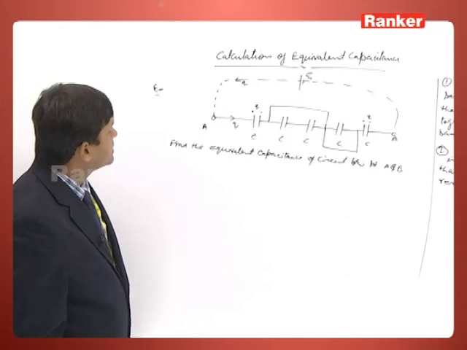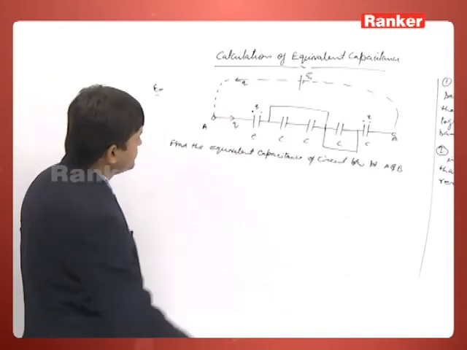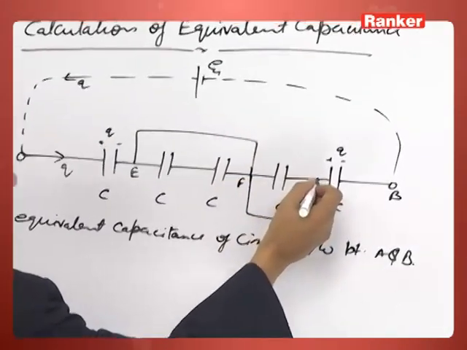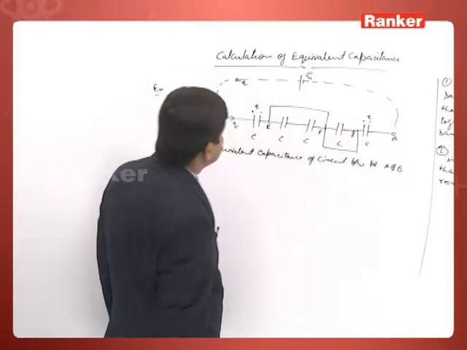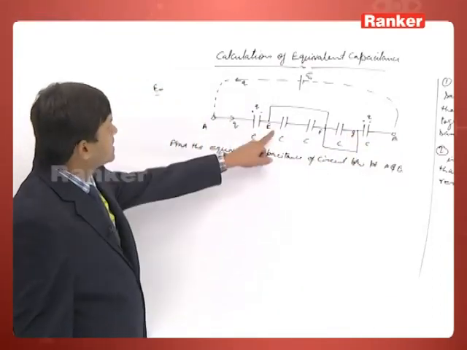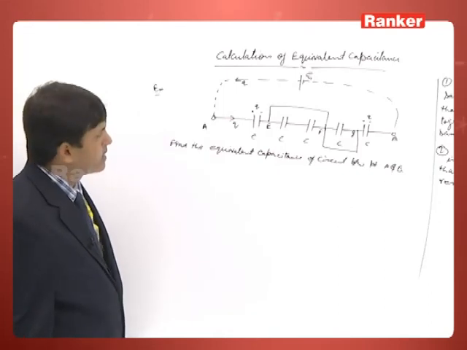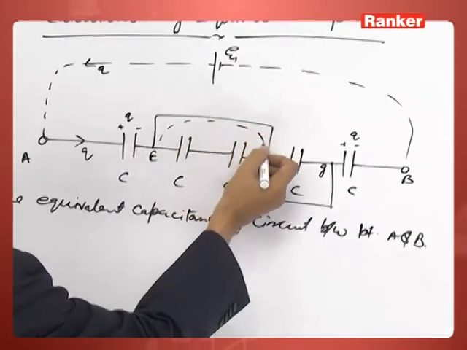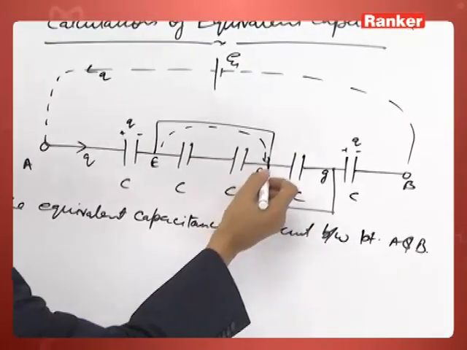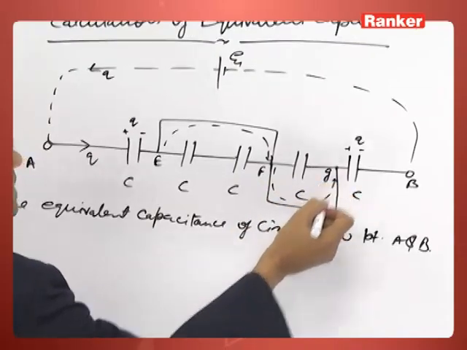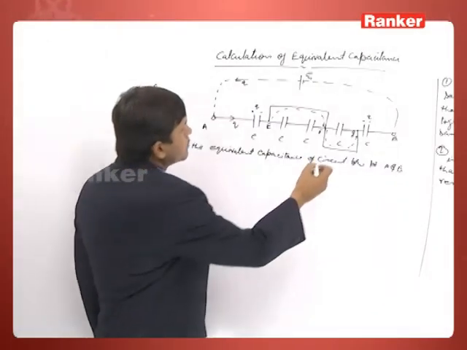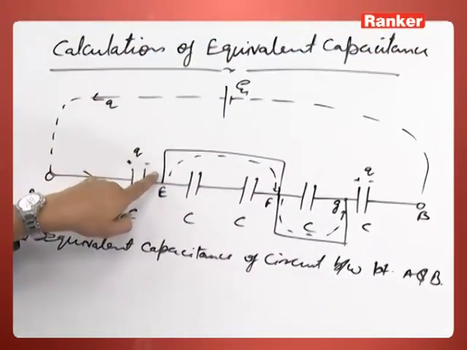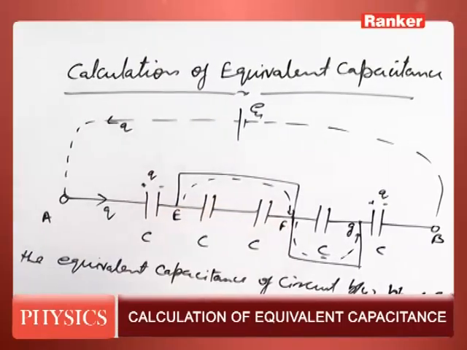So first of all, if charge distribution is taking place, if I am looking here at E, F, G points, what I found here is E and F are at same potential. Why? If I apply Kirchhoff law between E and F as well as between F and G, by this path VE is equal to VF.